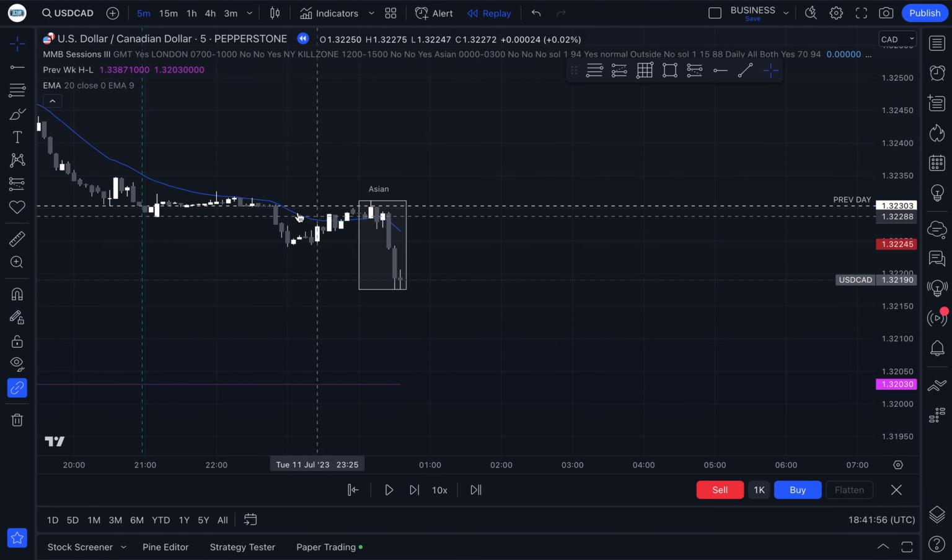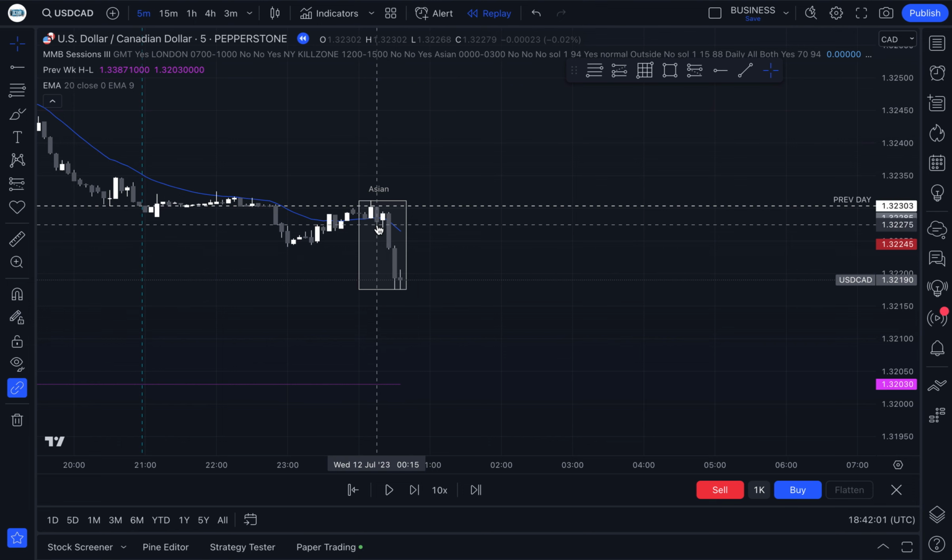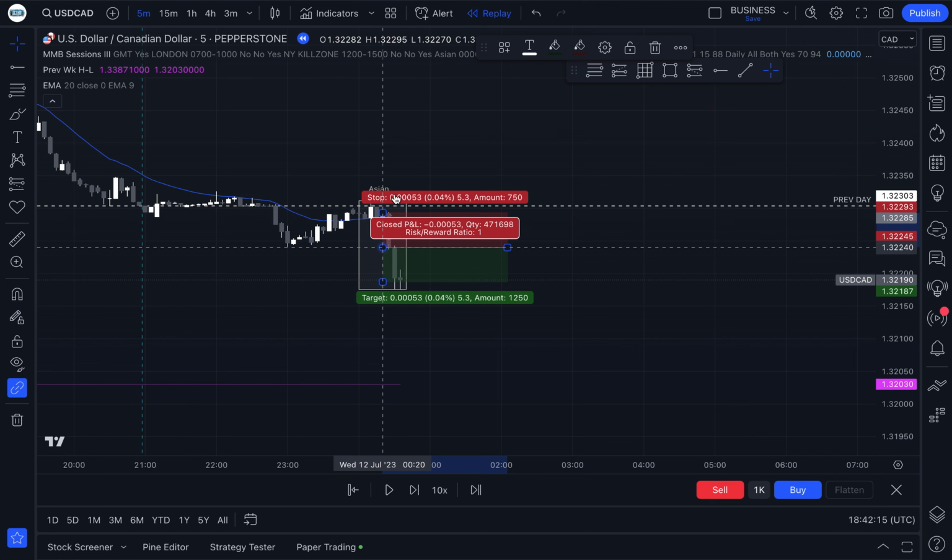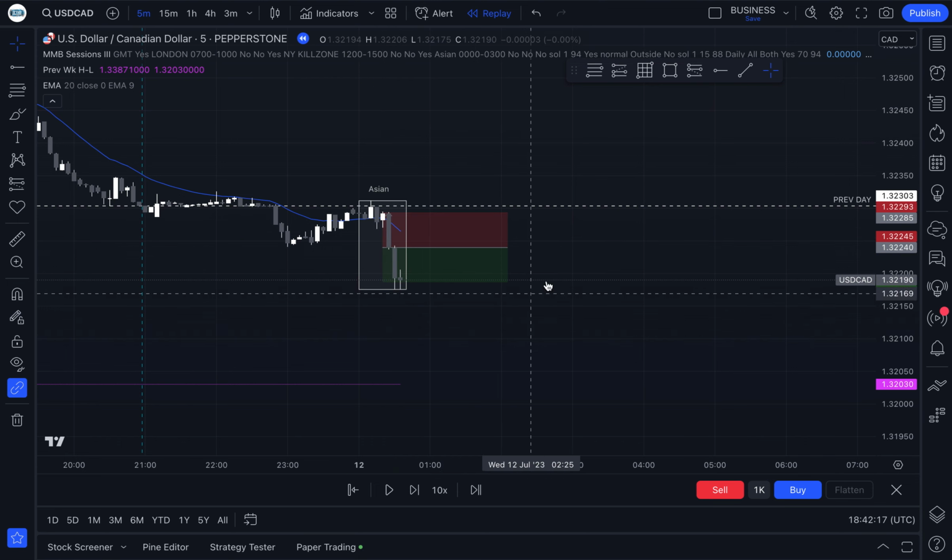If I were trading the Asian session, this would be an interesting trade because price is reacting off the previous day's level, and it has given an order block that closes below the EMA. So this would be an interesting entry for me.